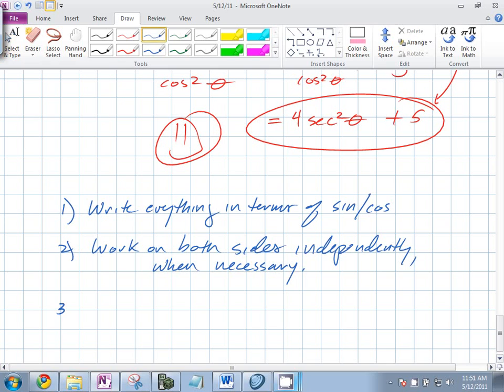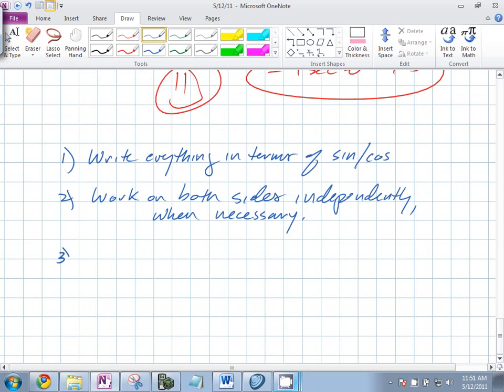Claire? Yeah? So, like, last year, we considered proving it if you got it down to one of the trig identities, like, don't touch both sides at the same time. Don't do that. No. Most of the time, Claire, that will be fine, but not all the time.